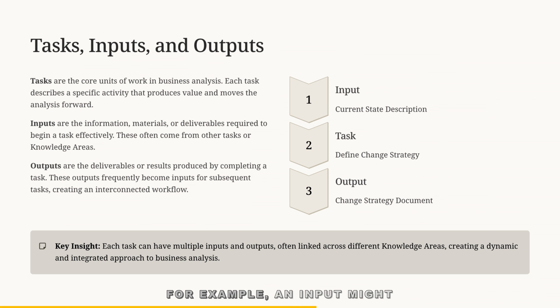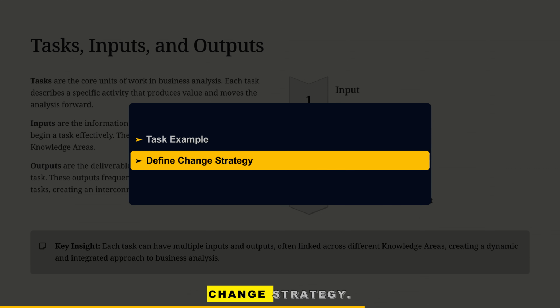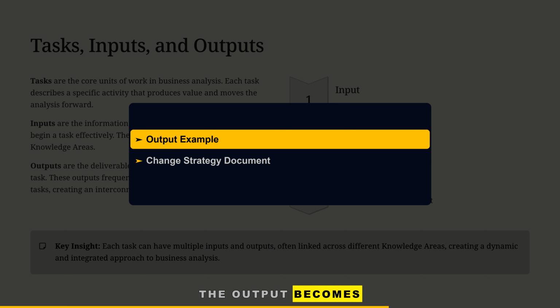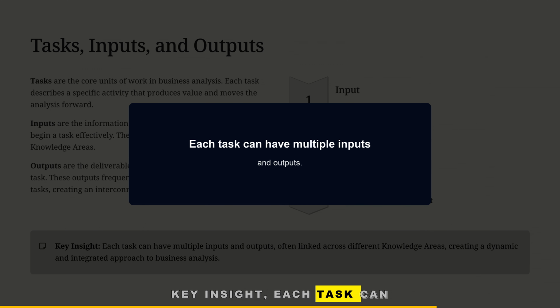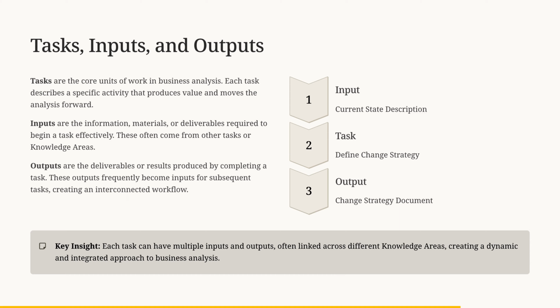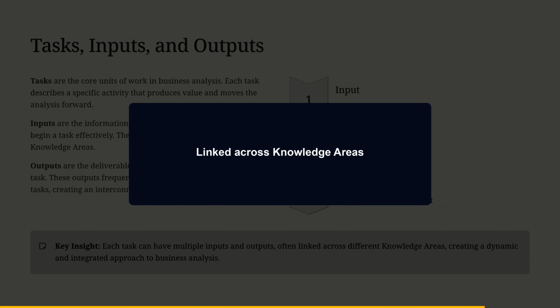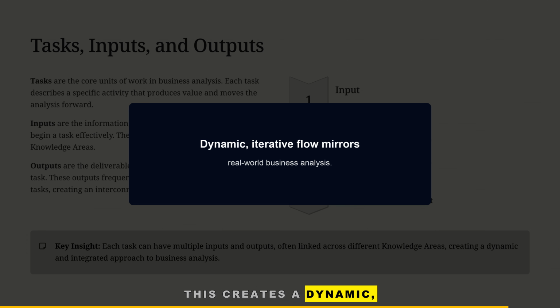For example, an input might be a current state description. The task could be define change strategy. The output becomes a change strategy document. Key insight: each task can have multiple inputs and outputs, often linking across knowledge areas. This creates a dynamic, iterative flow that mirrors real-world business analysis.